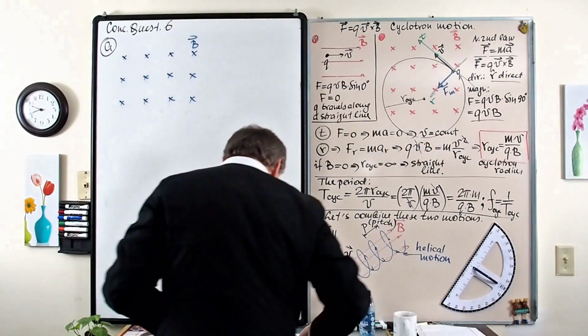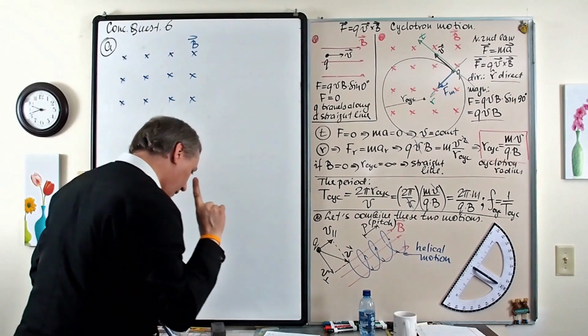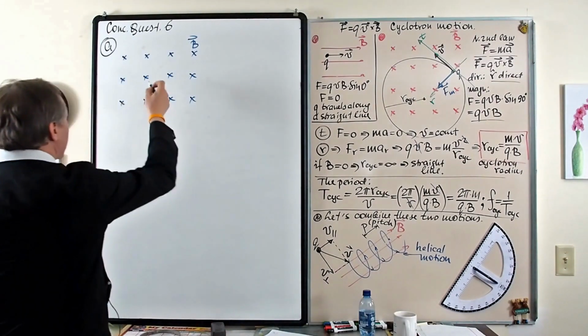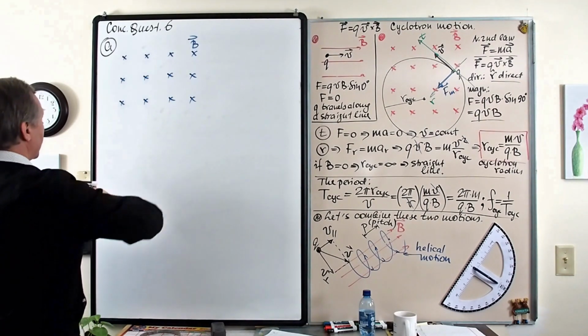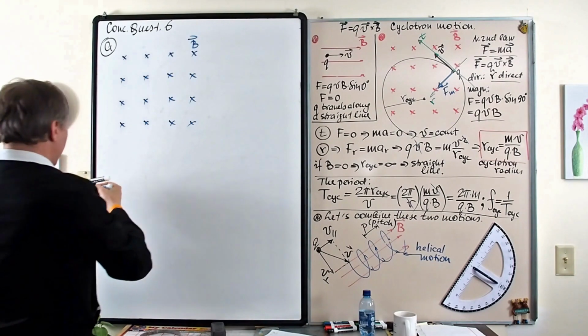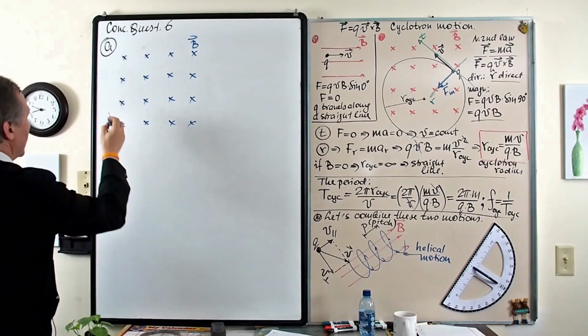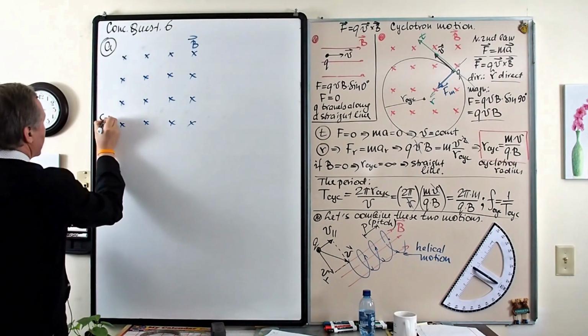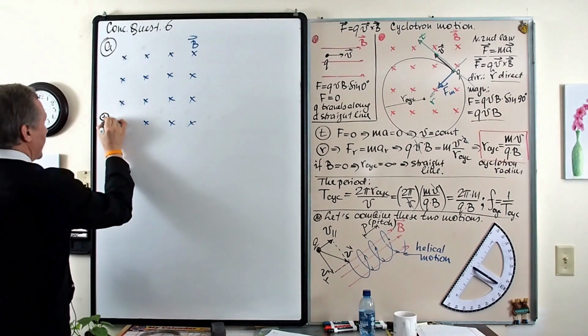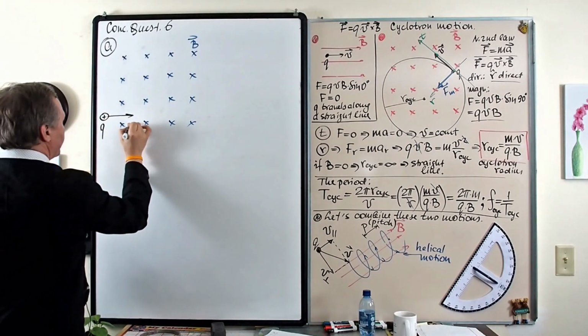And we have a particle. A positive particle enters this structure. Let me draw another line of crosses. It enters this magnetic field over here, for example. So we have a positive particle, plus Q, entering this way with velocity V.